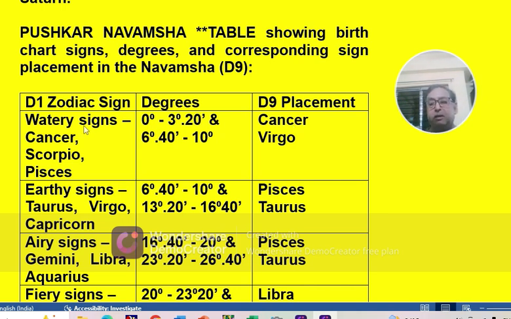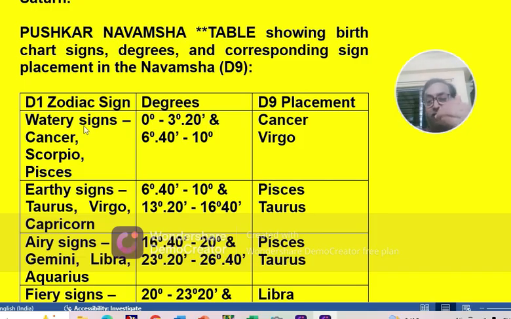So let us make it group wise, in the sense of element group wise, because Navamsha is an element based divisional chart. Navamsha is Tattva based. Tattva means elements.